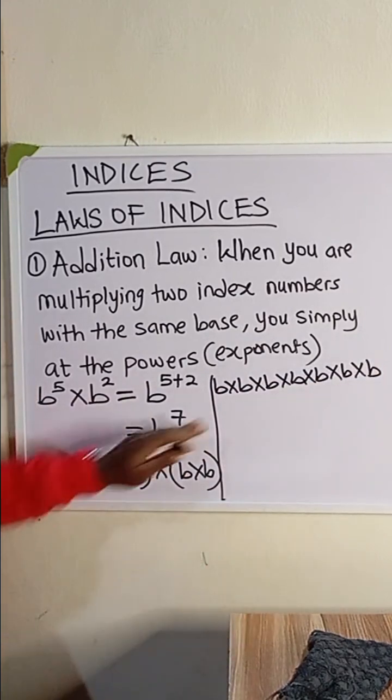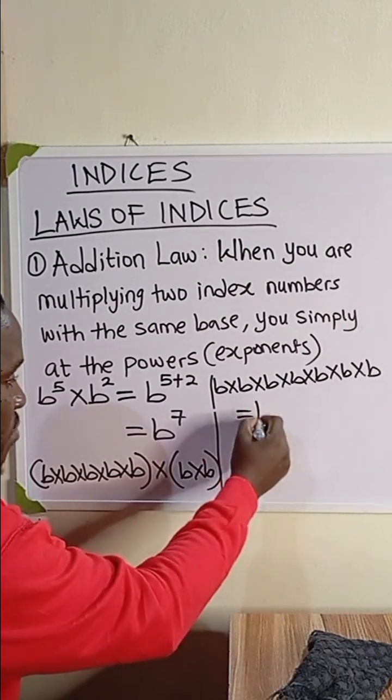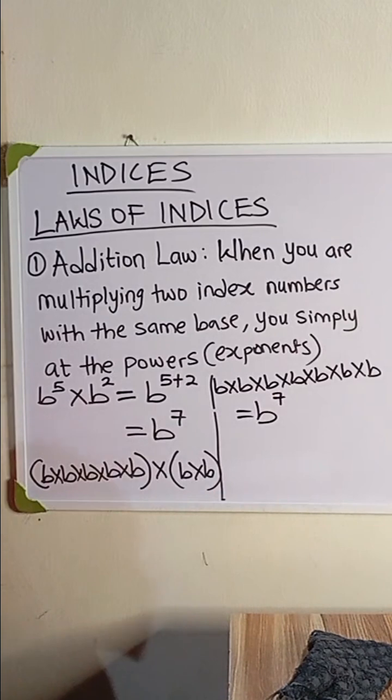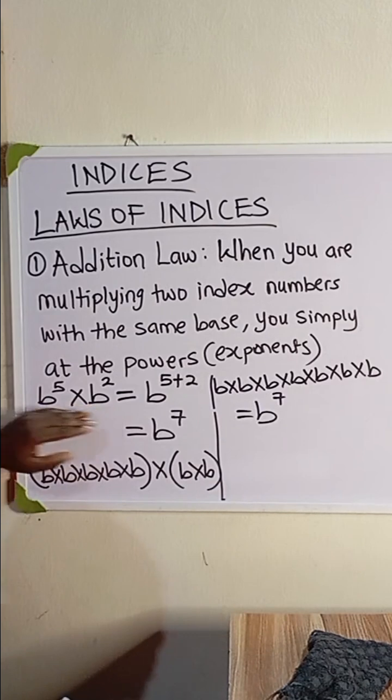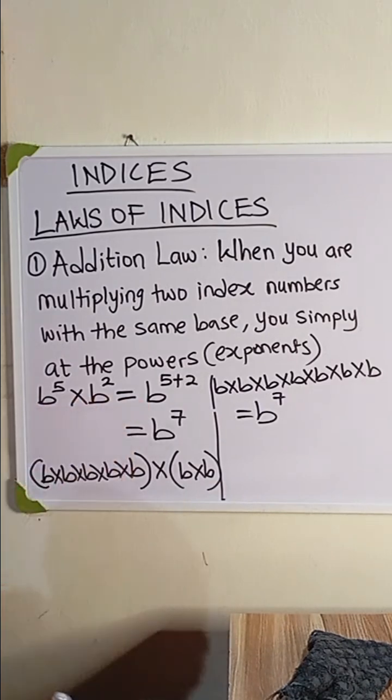Just by removing the brackets, we can see that b is multiplying itself 7 times. And when b multiplies itself 7 times, it simply means b to the power of 7, because the exponent shows how many times the base is multiplying itself. So this proves to us that whenever you have two bases that are the same multiplying each other, all you need to do is add the exponents to get your answer.